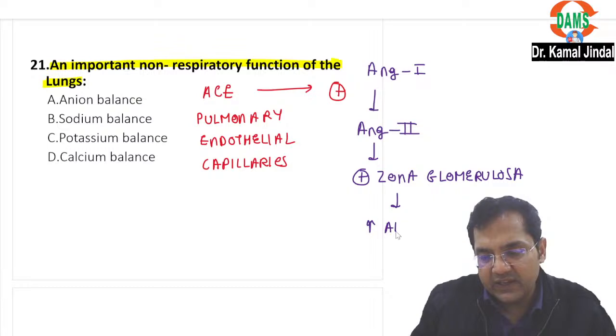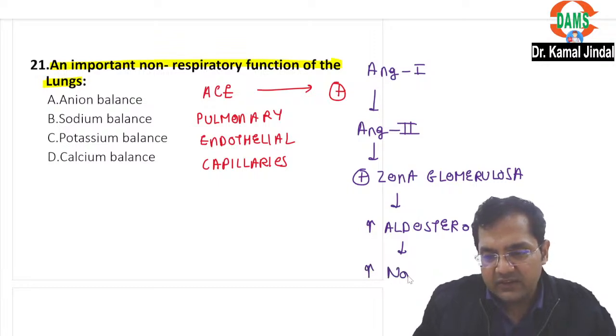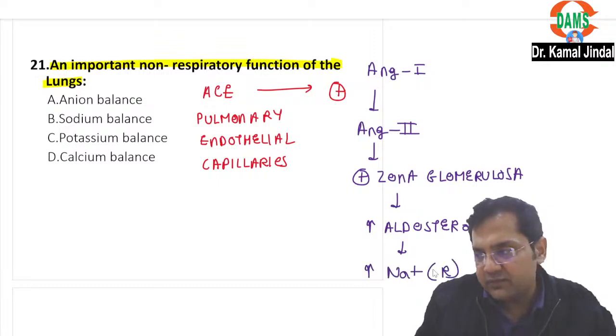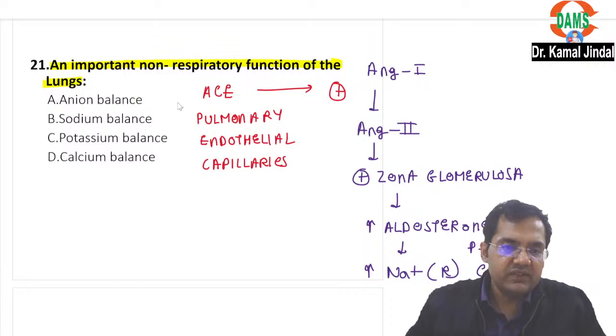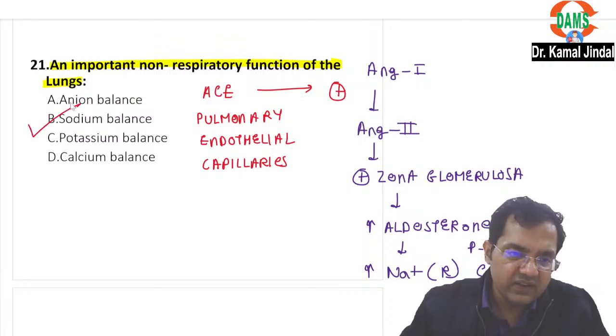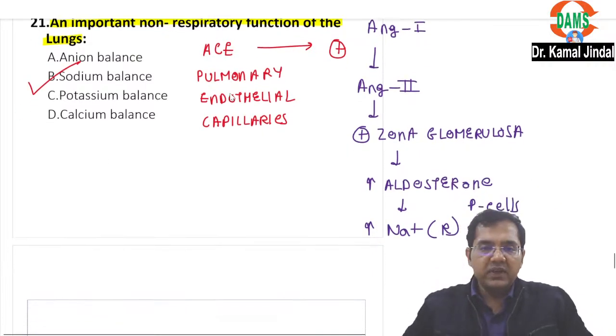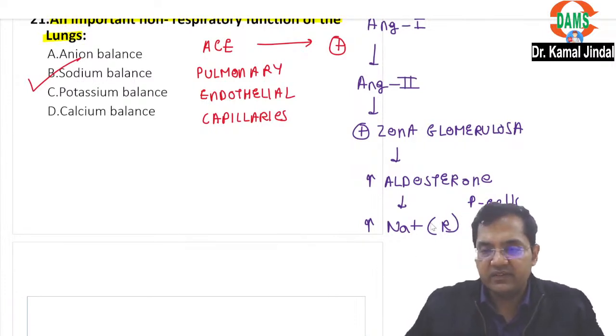And I think you should be able to tell me the answer now. Aldosterone increases the sodium reabsorption in the collecting duct, right? P cells, that we'll be learning later on in renal, principal cells. So the best answer here is none other than sodium reabsorption. P cells stand for principal cells.